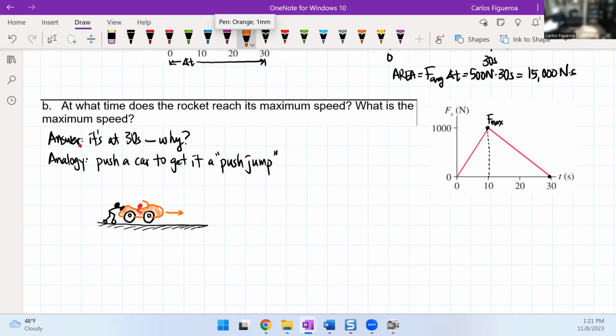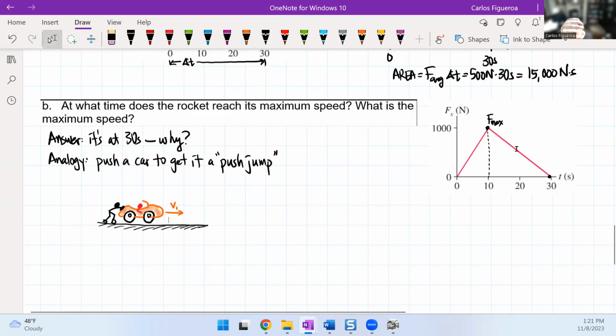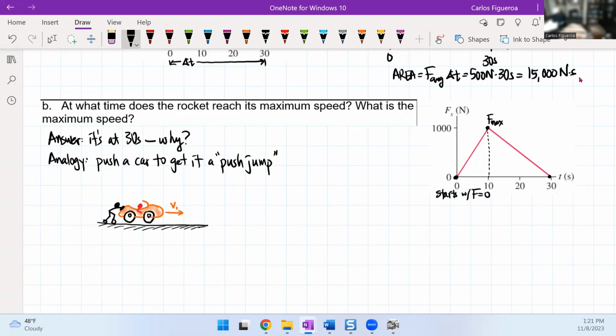So now, let's say that you're moving at some speed 1 right here. So now what's going to happen is that now look at the curve. So here, we can see that the curve starts with F equal to 0. And so what you're seeing here is that over time, it reaches a maximum force.